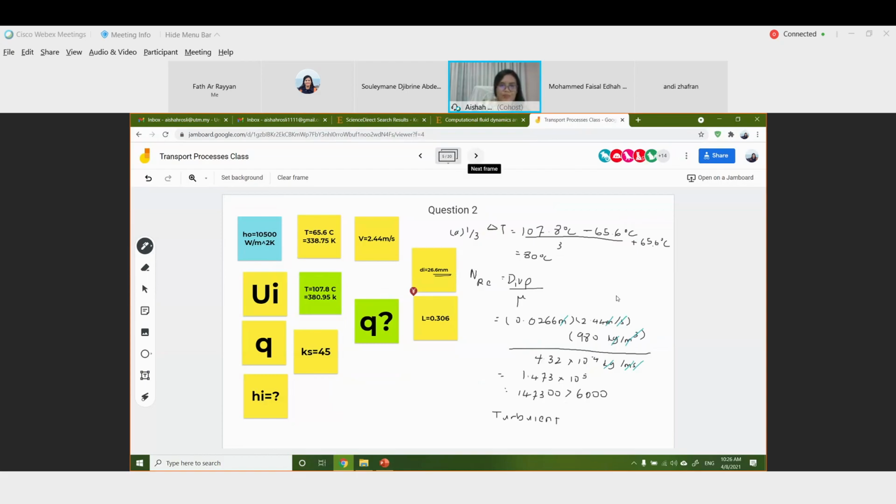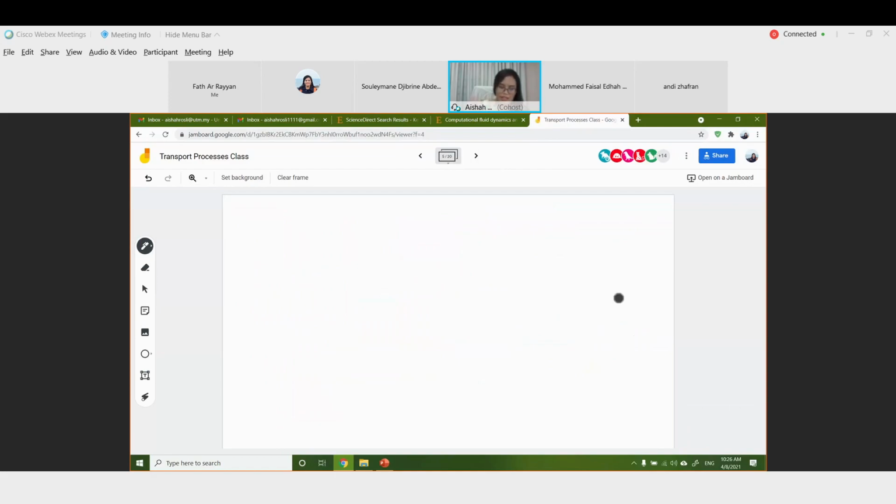Alright, so this is where it becomes slightly different than before. In this case, oh wait, no, this is actually the same. Because this is also turbulent flow, we are going to use the same formula as we did before.